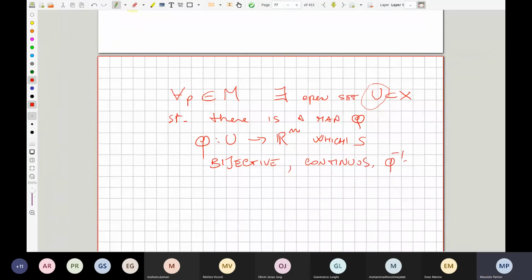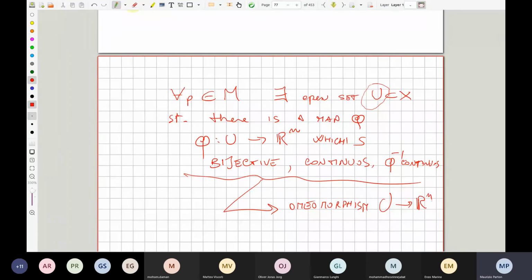Also, the inverse is continuous. All of this is what is called a homeomorphism from U to R^n.